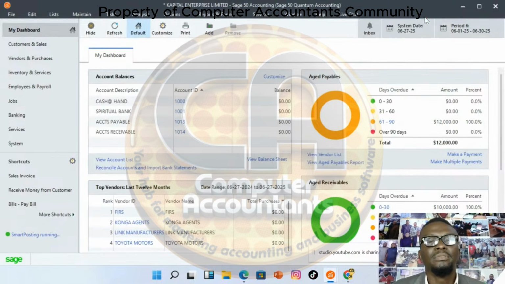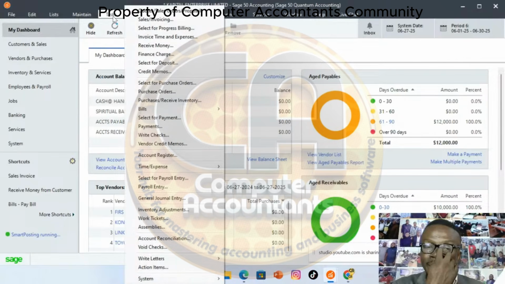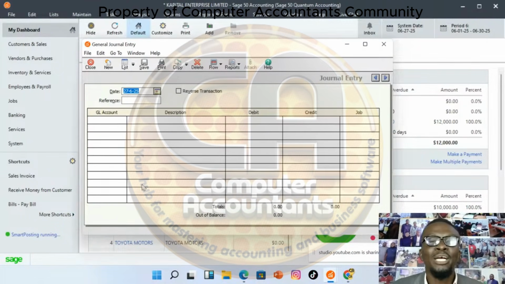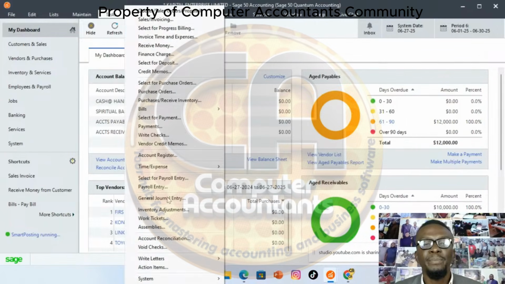Now you come down to, you can use journal for payment of salary. You can use general journal to do it. That is where debit and credit. Or on the go, you can use payment. You can still use payment or write check.